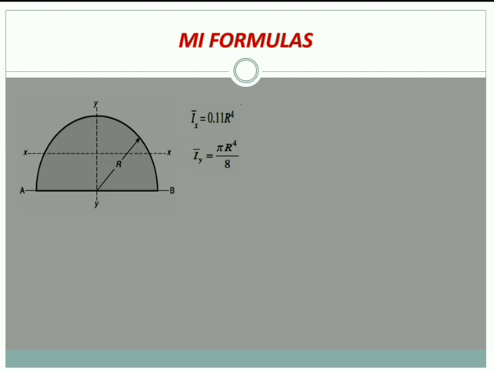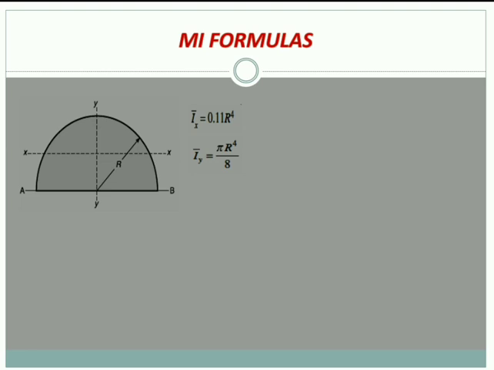So always remember the axis about which the semicircle is symmetrical, that formula will be pi r raised to 4 by 8. When you make a list of formulas, I expect you to draw all the 4 semicircles and accordingly write the formula.